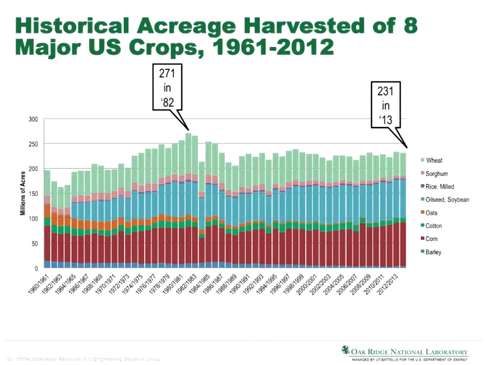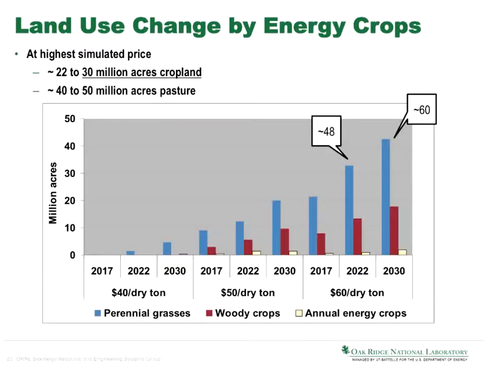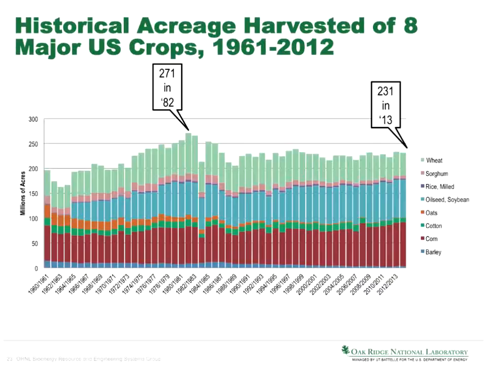So in context of the total agricultural land, currently we're looking at about 231 million acres, down from a high of 271 million acres. So if we're talking about, under this very aggressive scenario, producing 4 times the amount of biomass supply needed for ESA, we're talking about 30 million acres.